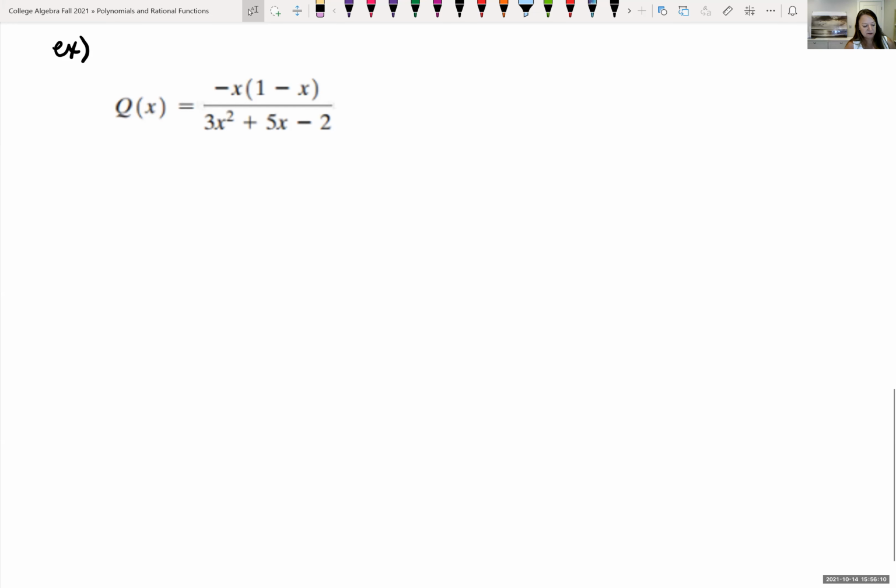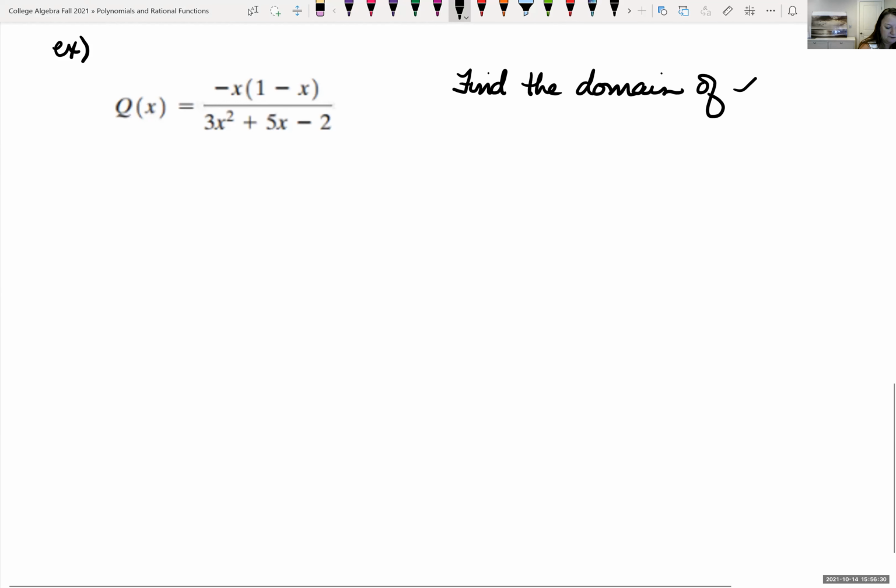That is all over, and in our denominator, we have 3x squared plus 5x minus 2. The directions asked to find the domain, and let's find the vertical asymptotes too. So let's first find the domain of q of x.